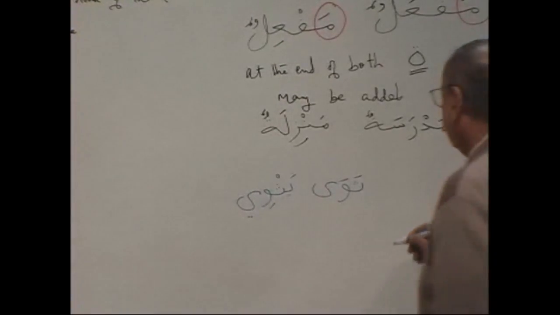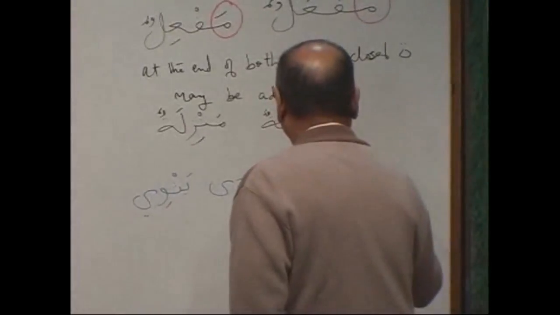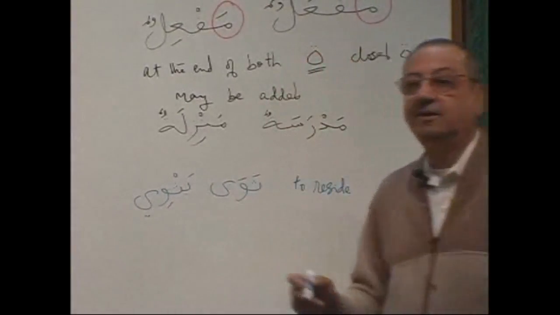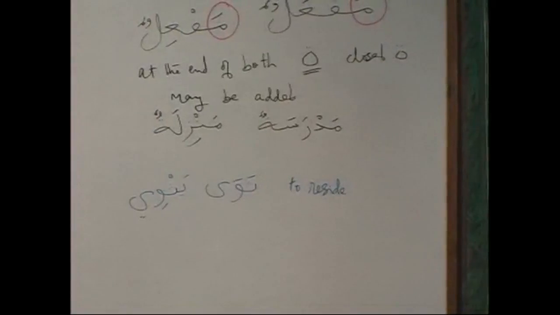What is the meaning of thawa yathwi? To reside. So what is the translation? Isn't Jahannam for the kafirin a place of residence? Are you with me, brothers and sisters? So Mathwan is your Ismu Makan. Is it clear, brothers and sisters?